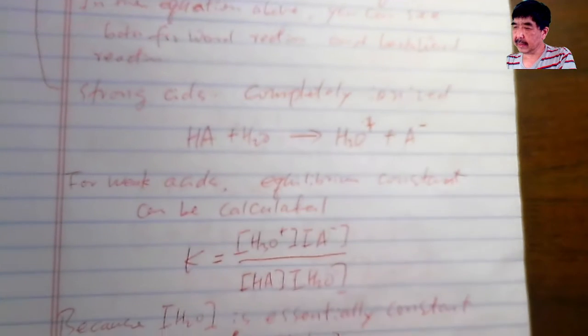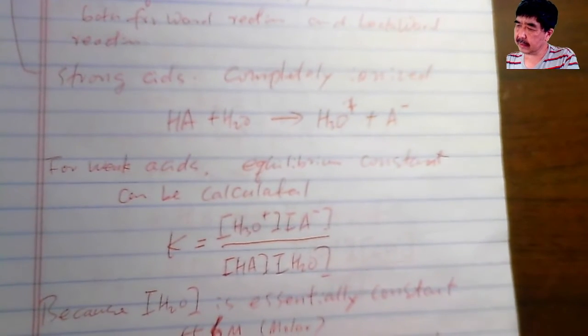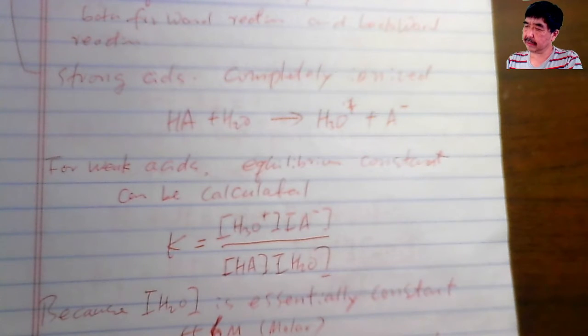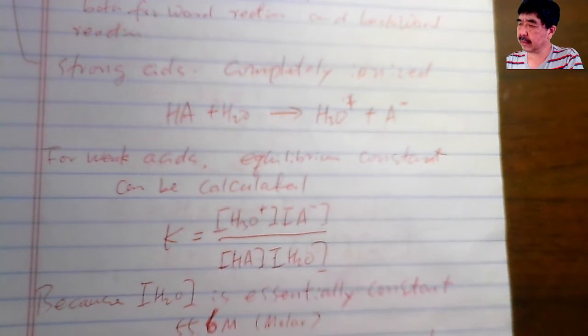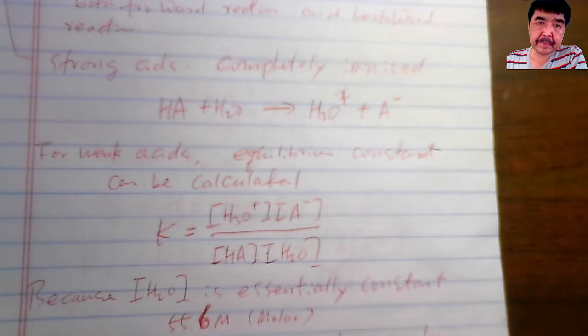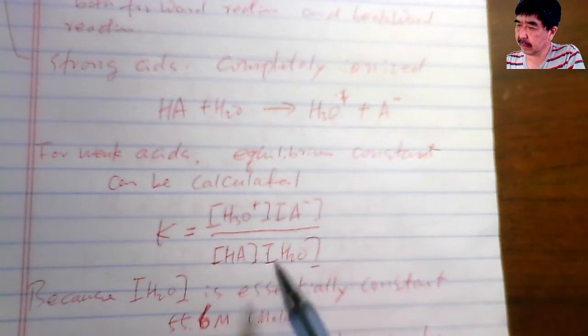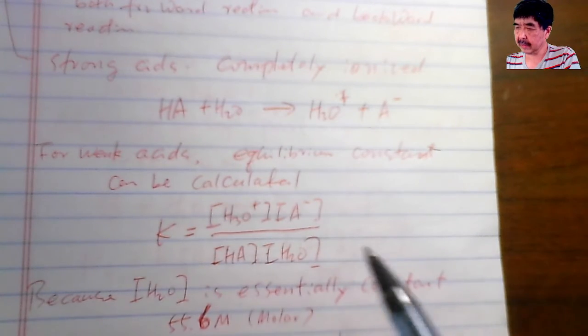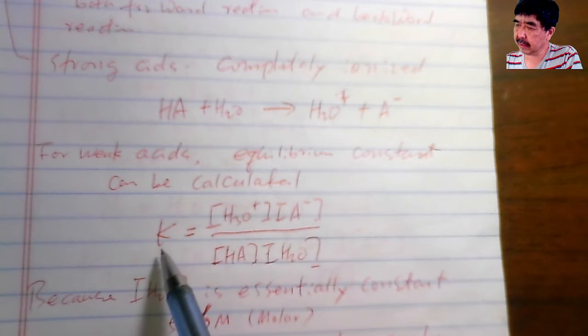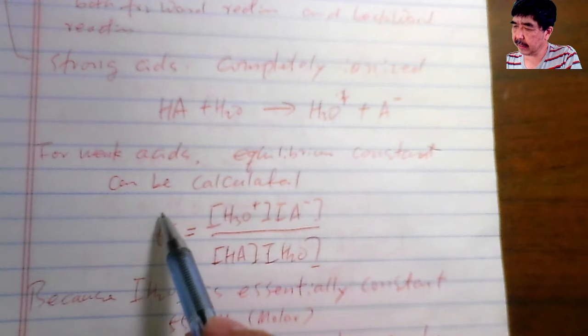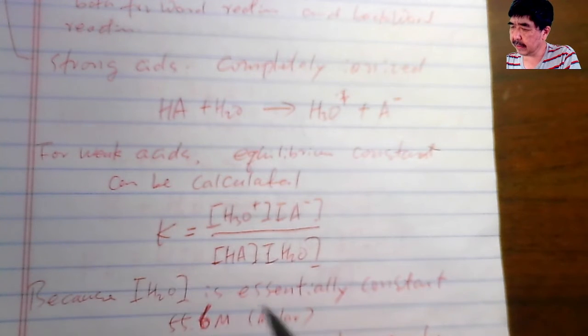Since this weak acid ionization reaction can reach equilibrium, we can calculate an equilibrium constant. That's the equation. The equilibrium constant is represented by capital K here.